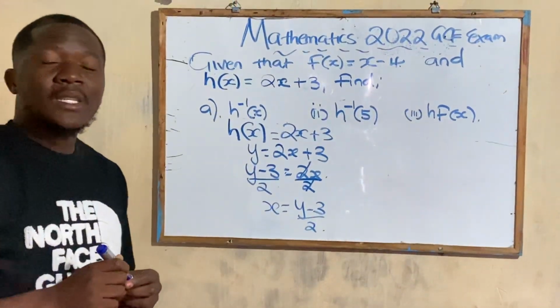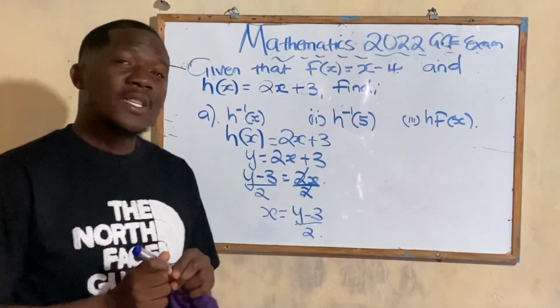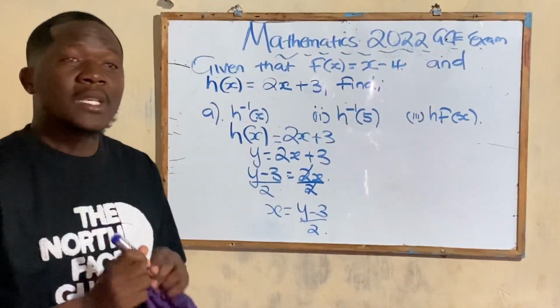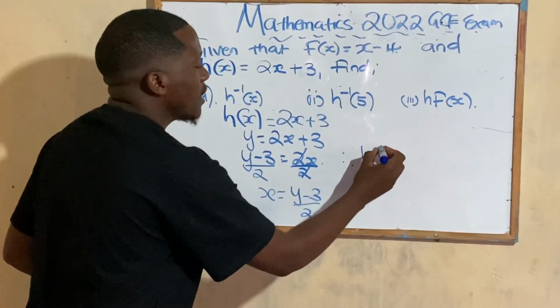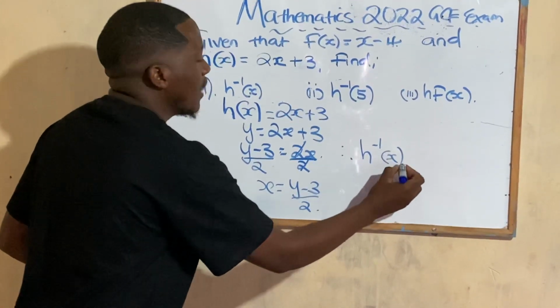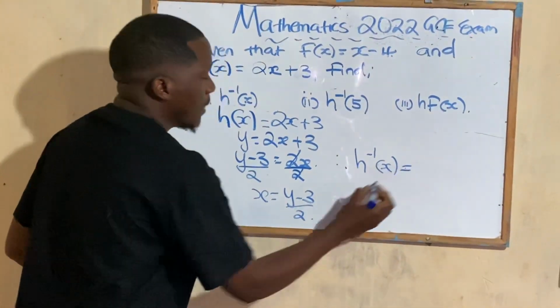But what we found is just something that will contain the exact expression for the inverse. Then we can give the right expression. So I'm going to say, therefore, the function letter was h. Now we found the inverse. And then this x is going to be put in brackets, and then we say equals to.